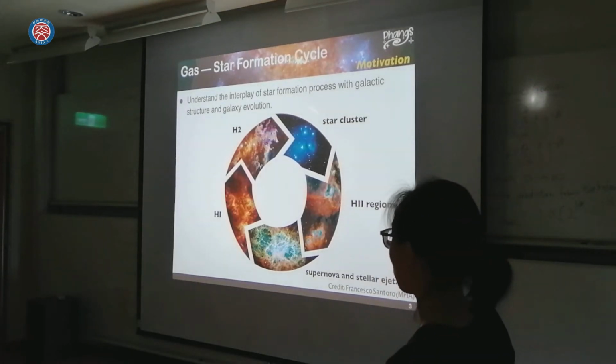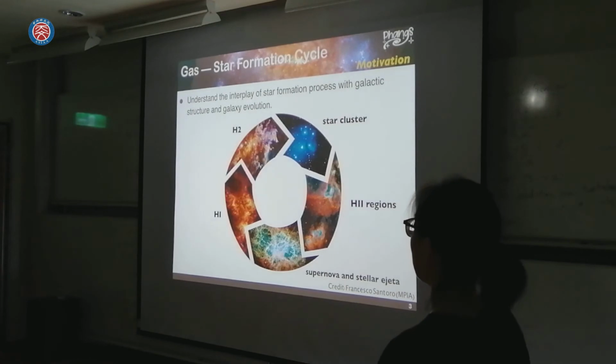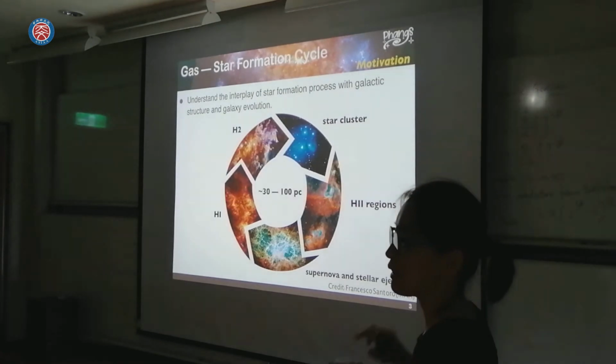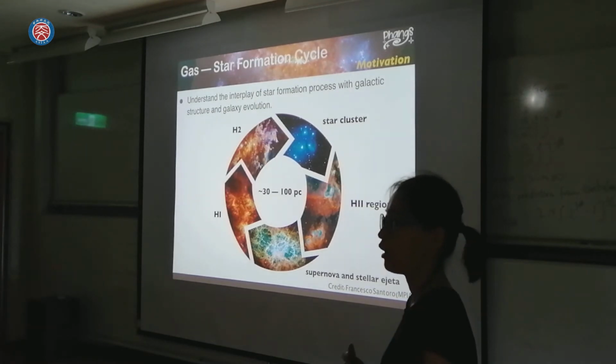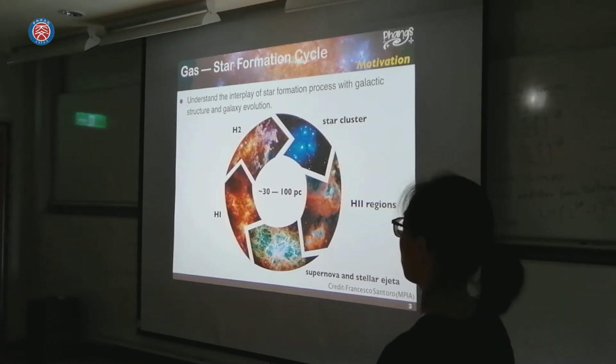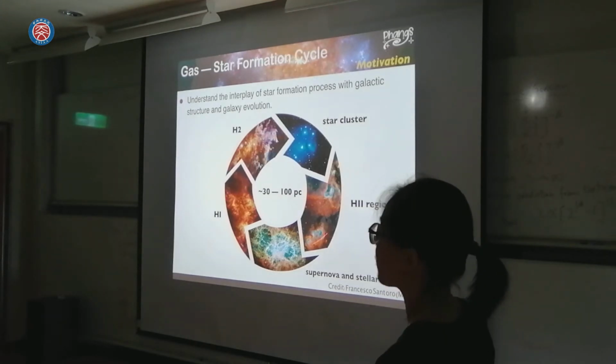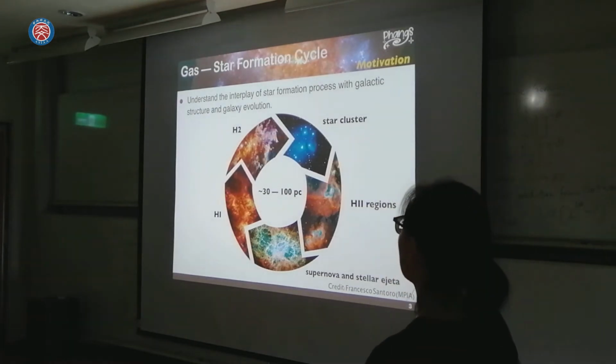This star formation process takes place on very small scales, less than 100 parsec. So observations with very high angular and physical resolution are required to resolve this process in nearby galaxies.